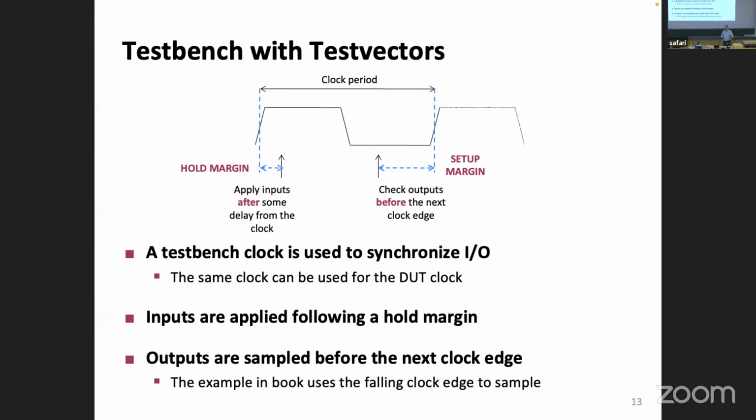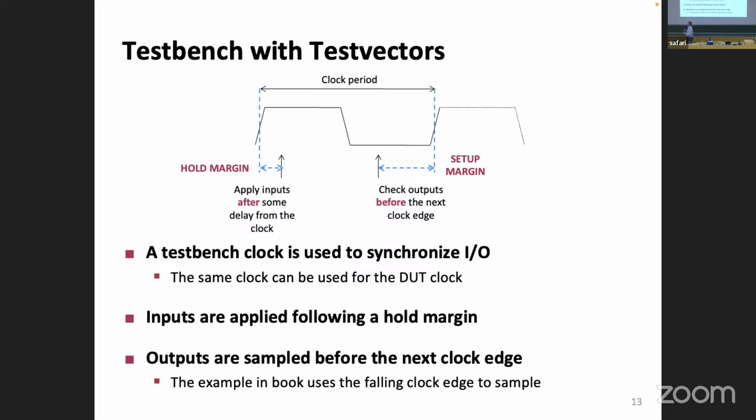We might have 5, we might have 65 million, okay? But for every one of them, we are going to do exactly the same thing. Clock will rise, we will wait some time after the clock to apply our inputs, and then we want to check the outputs before the next clock event. And cycle for cycle, we'll be doing this thing.